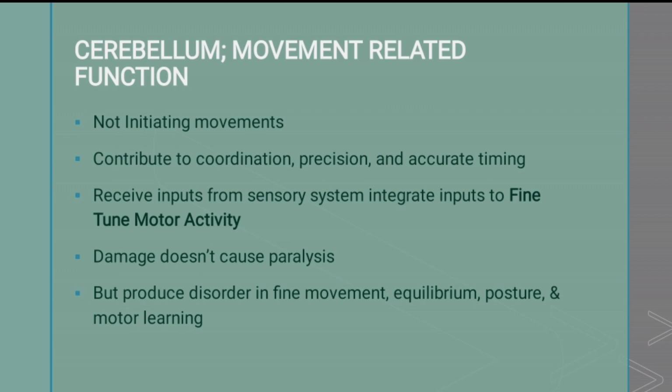When it comes to the motor functions, actually the cerebellum is not initiating any movement. That means the cerebellum is not solely responsible for our movements. Rather, it contributes to the coordination, precision, and accurate timing of the movement.